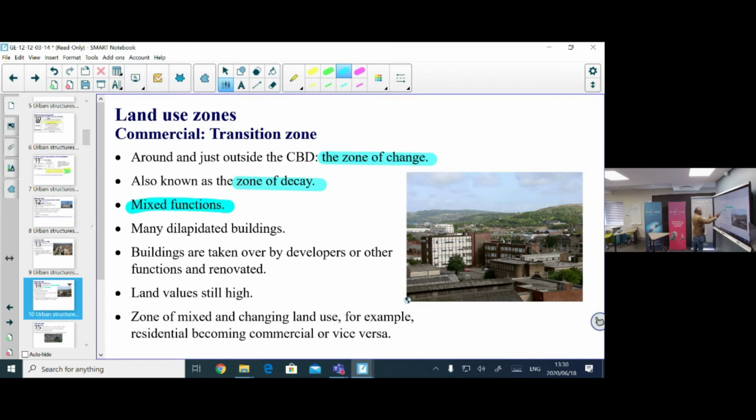There are mixed functions and many dilapidated buildings. Buildings are taken over by developers or other functions and renovated. Land values are still high. It is a zone of mixed and changing land use, for example, residential becoming commercial or vice versa. Which places can we put there?